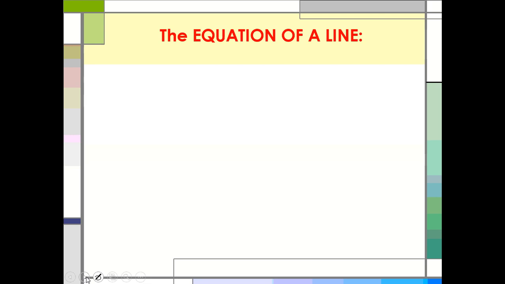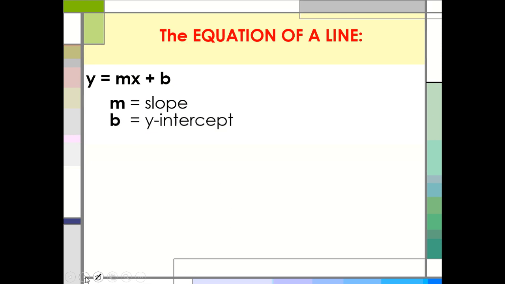So the equation of a line, if we go back to algebra, we know that the slope-intercept form of the equation of a line is y equals mx plus b. When you have an equation such as this, we know that the slope is the m value, and the y-intercept is the b value.